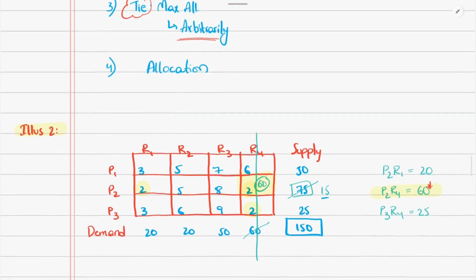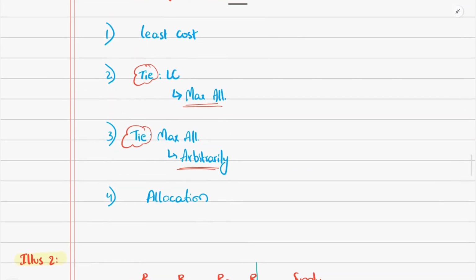Now what do we do? Whenever there is a tie for maximum allocations also, we have to choose arbitrarily. You can go with your own choice. It is completely alright, because it is not affecting our least cost, at least not in this step. So this is our choice.